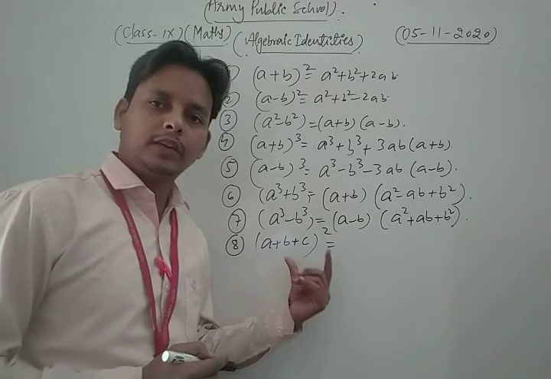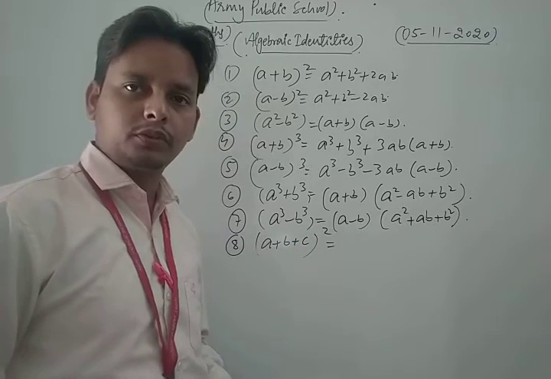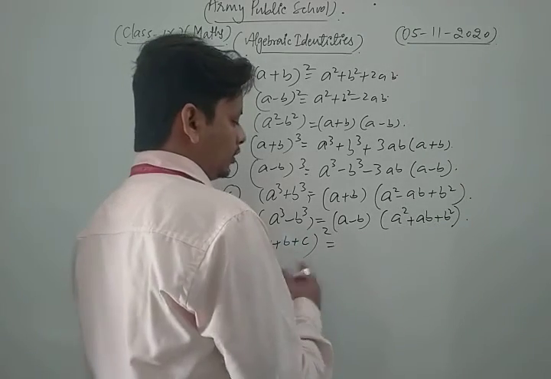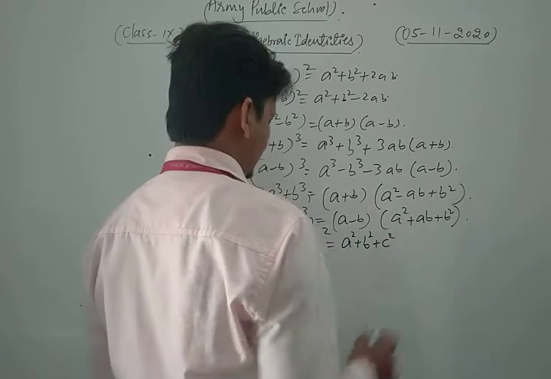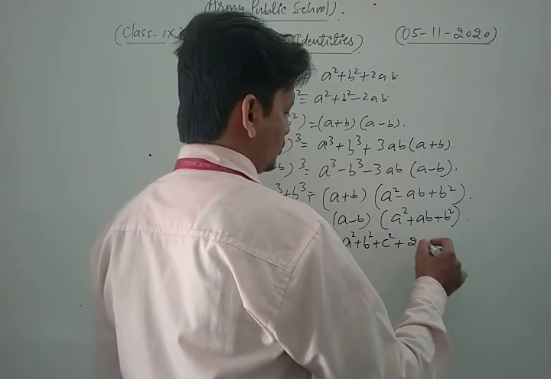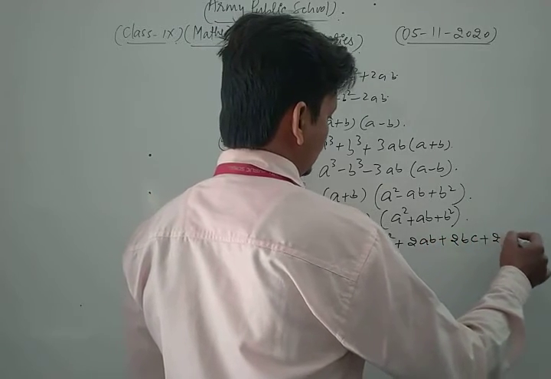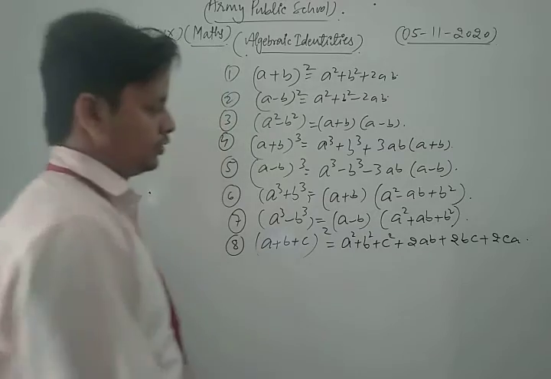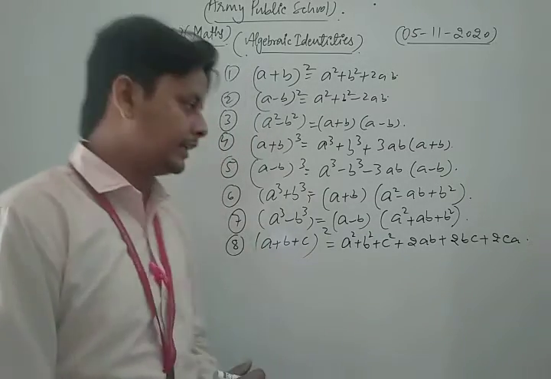This is also a very important identity of your chapter. The formula for this is what? a square plus b square plus c square plus 2ab plus 2bc plus 2ca. Okay, students, this is also a very important identity.